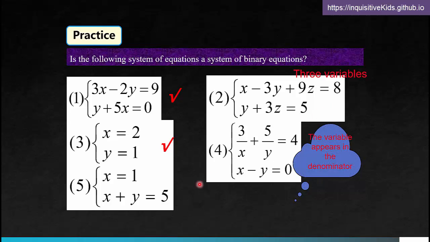This one is, and this one here, the variable is appearing in the denominator. So x and y, again, same problem as before. It has to be a whole expression, meaning that there can be no variables in the denominators of a fraction. Okay, and here 5 is also qualified.